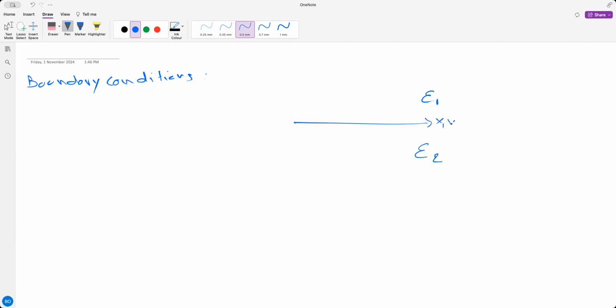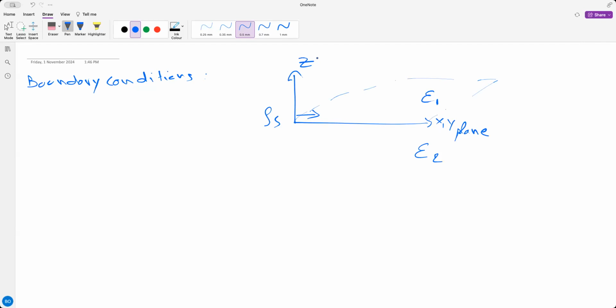This is the XY plane, and this is the surface. This surface has a charge density rho s. And this is the Z axis.